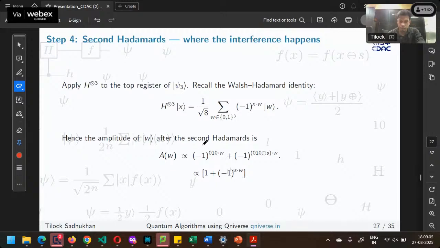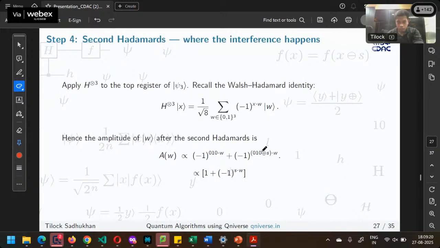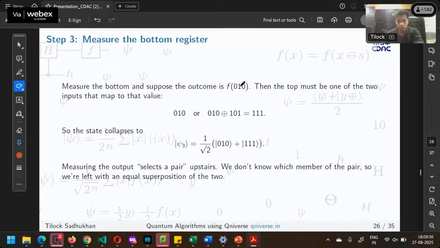Just like I described previously, this is minus 1 to the power of 010. So we had this state 010, and another combination, 010 bitwise XOR 101, which is 111. I have taken this form only. To make our understanding simple, we already assumed s equals 101.